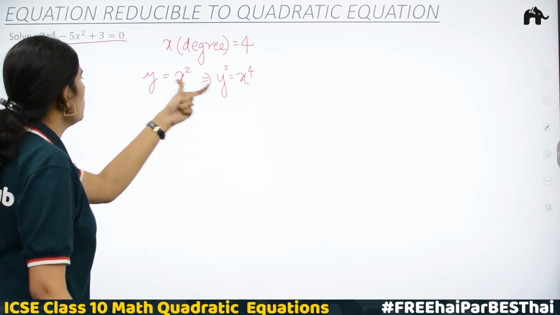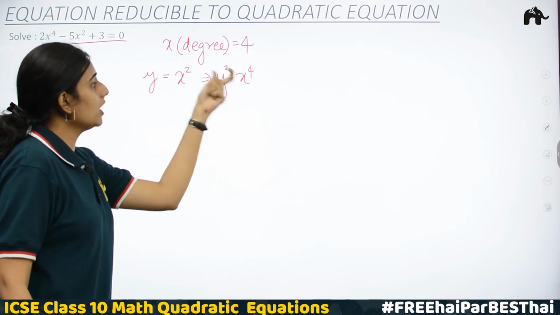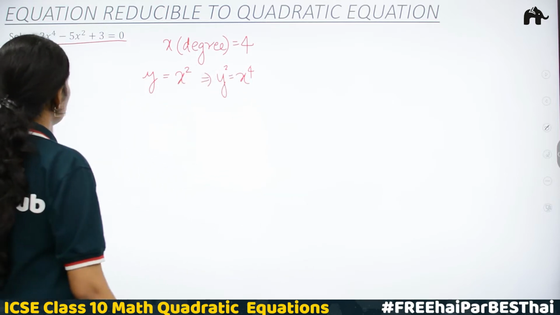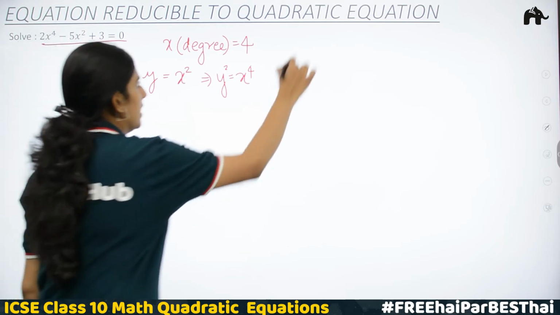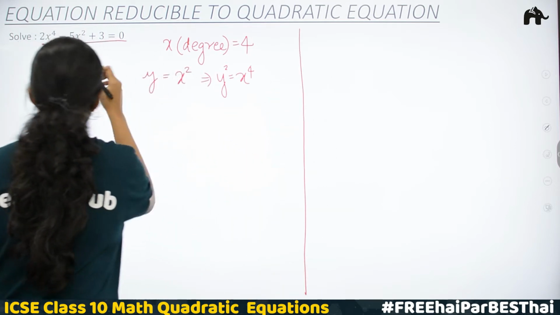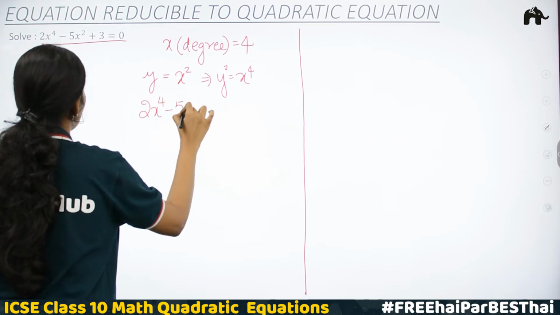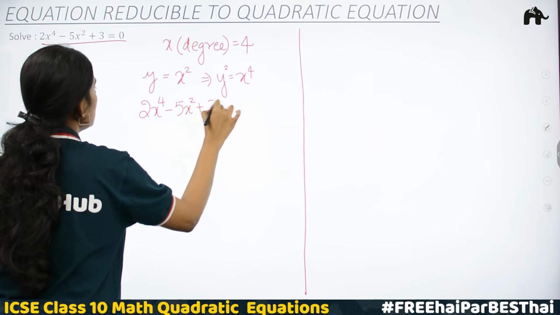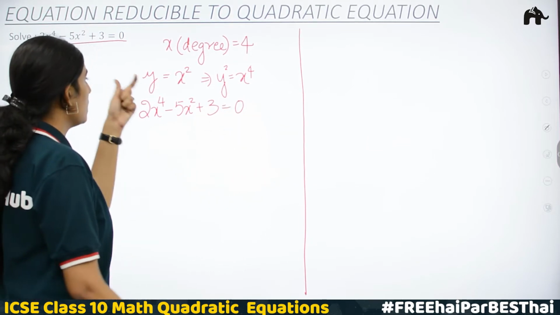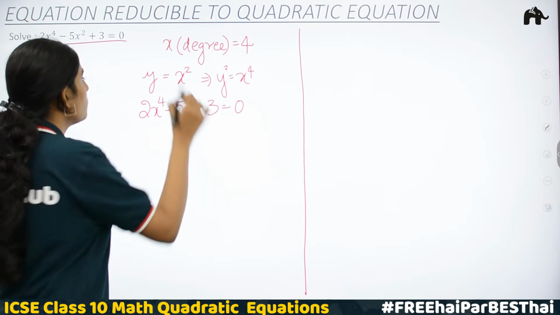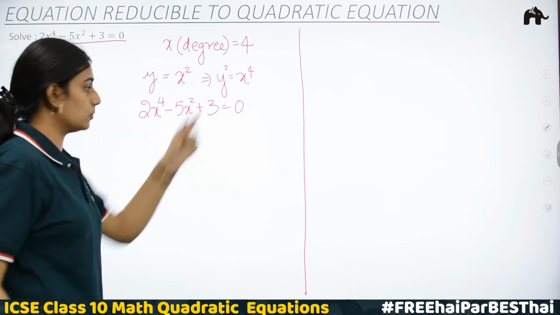When you substitute x² = y and x⁴ = y² in the given equation, you get a quadratic equation. Our equation is 2x⁴ − 5x² + 3 = 0. To convert this into a quadratic form, I am substituting y for x² and y² for x⁴.